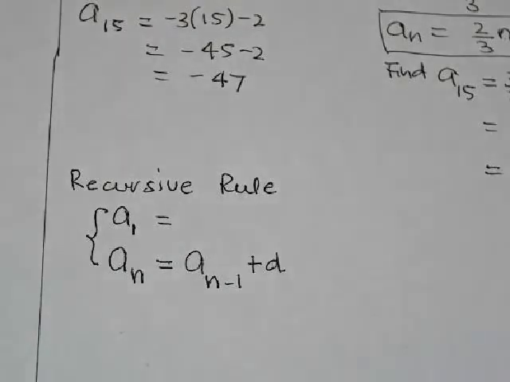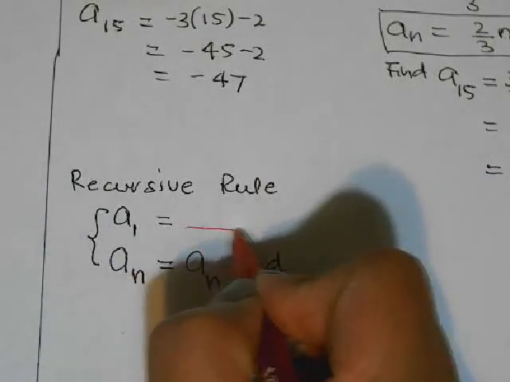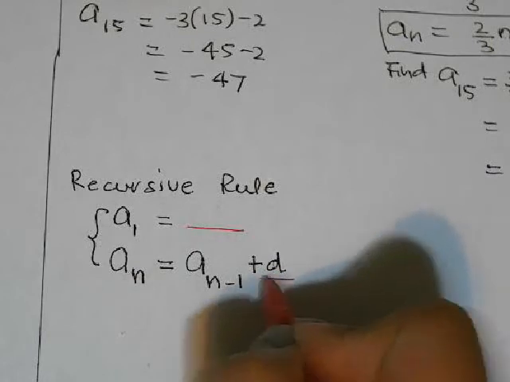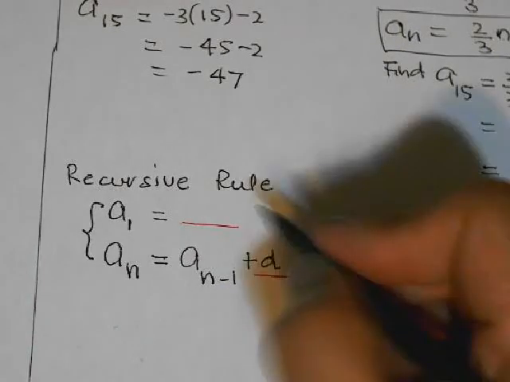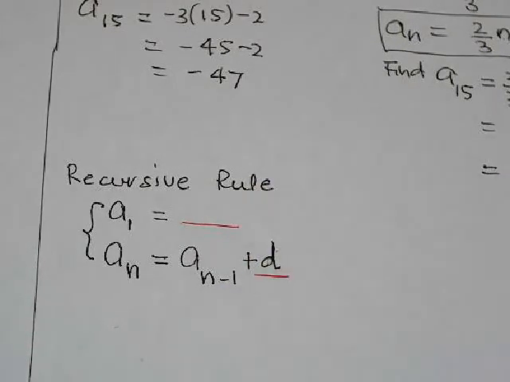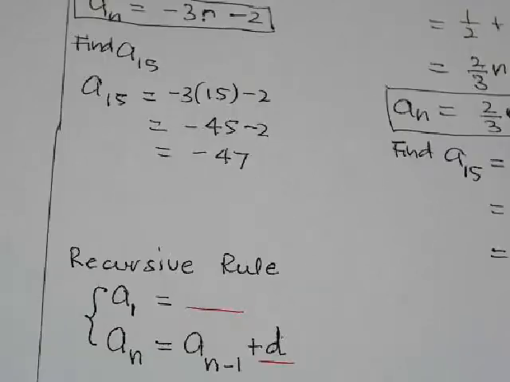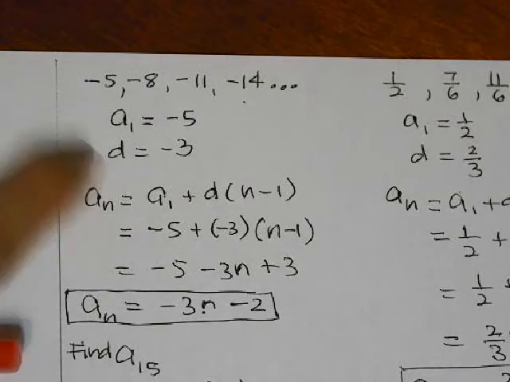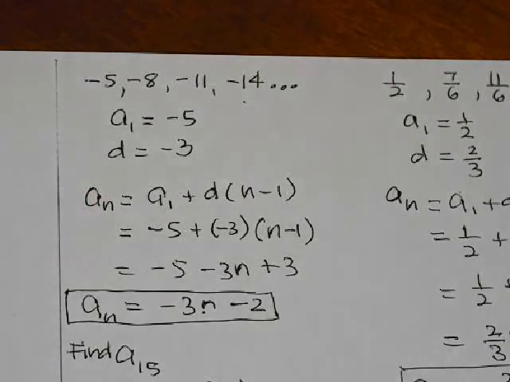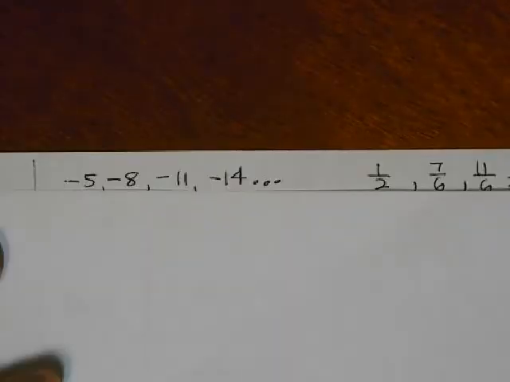You just have to write your a sub 1 here, and then you have to write your d. Everything else is the same layout. So let's write the recursive rule for this one here. What will be the recursive rule for these two now?